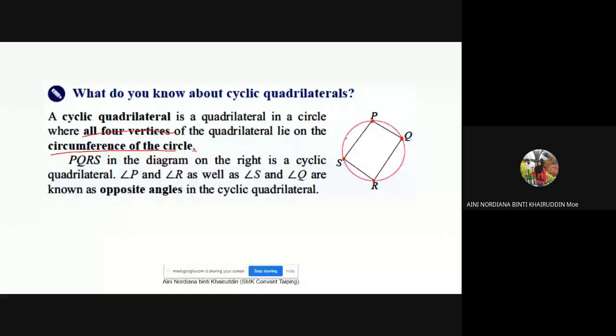So PQRS in the diagram on the right is a cyclic quadrilateral. Angle P and R, these two angles are known as opposite angle.